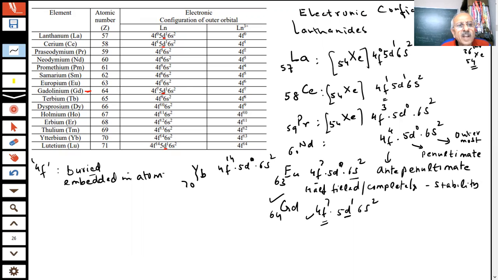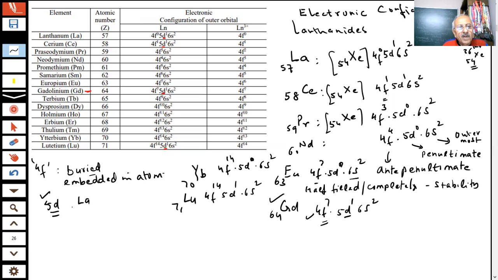And what happens in the last, which is lutetium? Again, another electron is going into the d because the 4f has become completely filled. 71. 4f14, 5d1 and 6s2. So this is the electronic configuration, basically, and the elements which have got an electron in the 5d orbital, which are those?